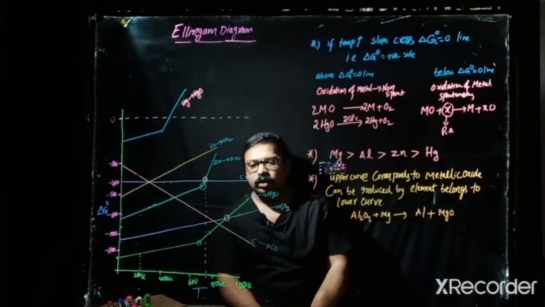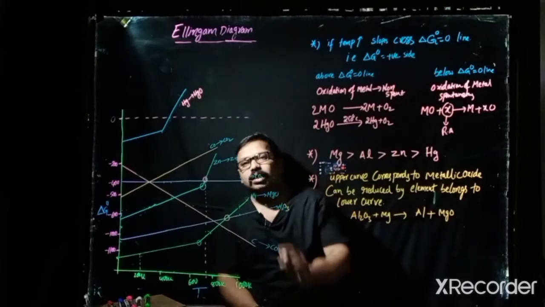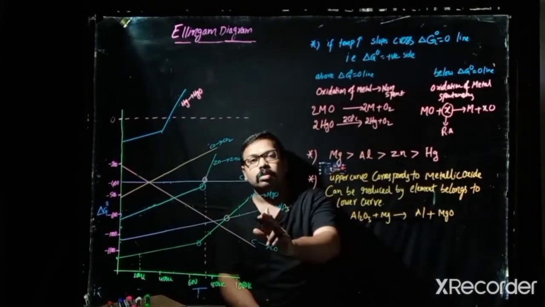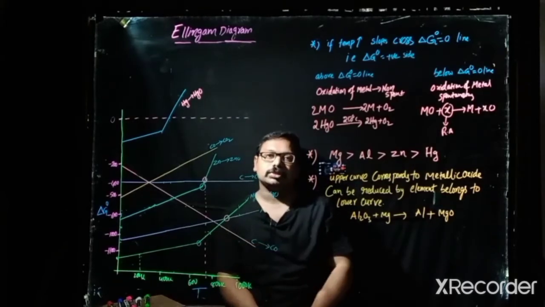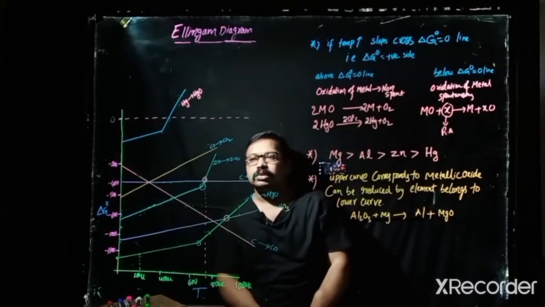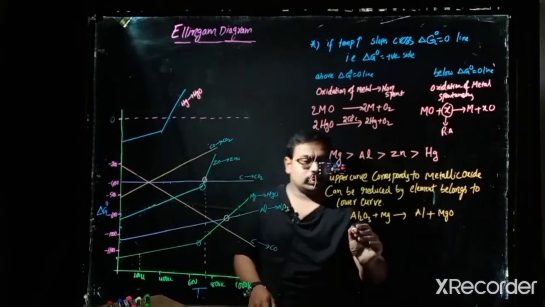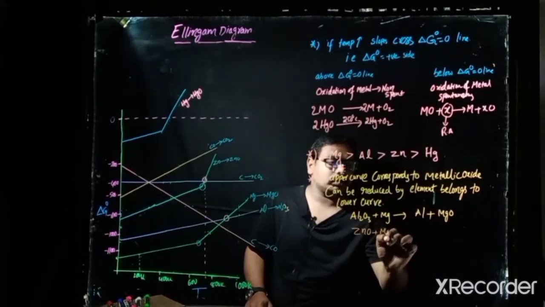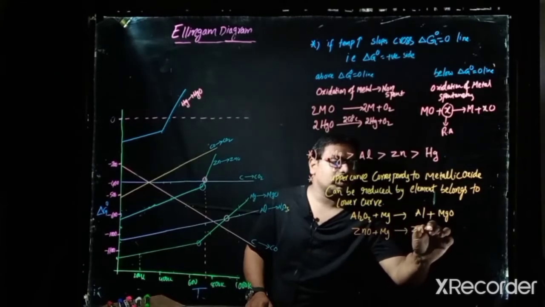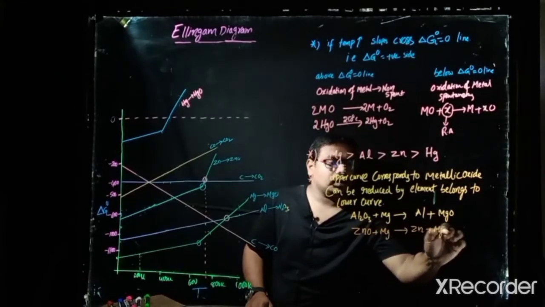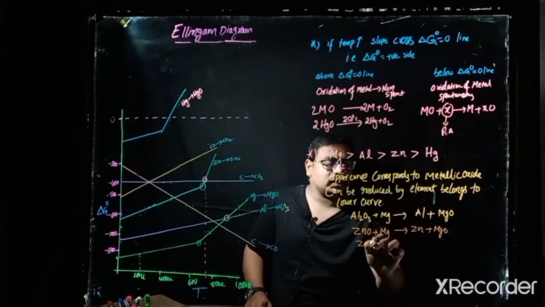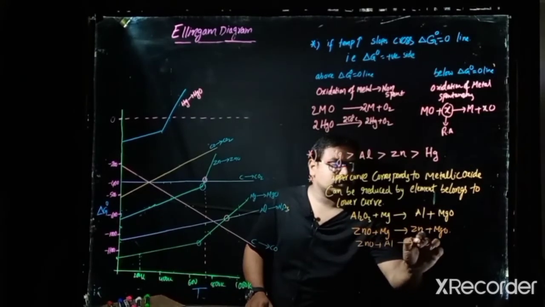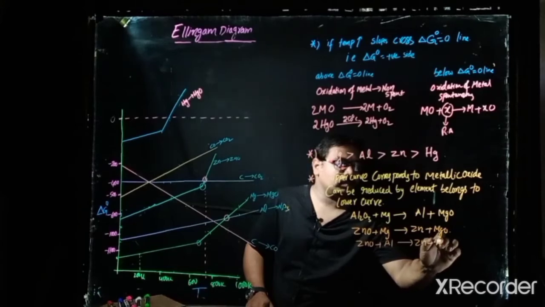From this we understand that zinc oxide can be reduced by aluminum as well as magnesium. Similarly, zinc oxide can be reduced by magnesium to give zinc and magnesium oxide, and by aluminum to give zinc and aluminum oxide.